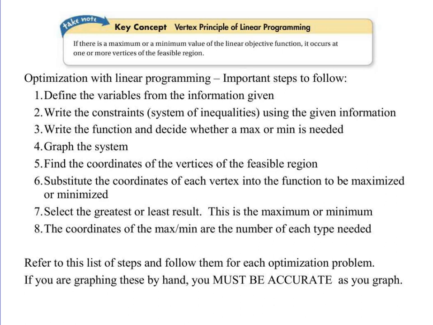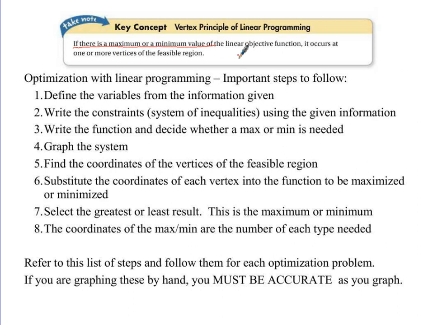So now we're going to get into how to do the problems that are presented in this section. The vertex principle of linear programming is what allows us to do what we're going to do. So it's very important that you understand this. If there is a maximum or a minimum value of the objective function, then it occurs at a vertex. It says it occurs at one or more vertices of the feasible region.